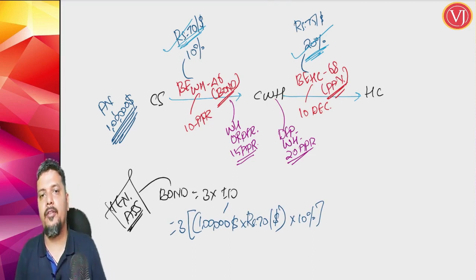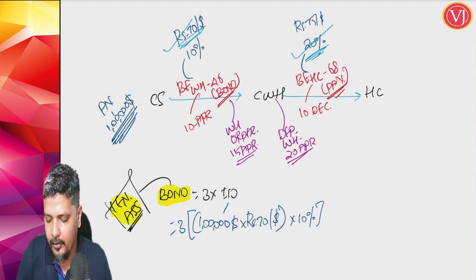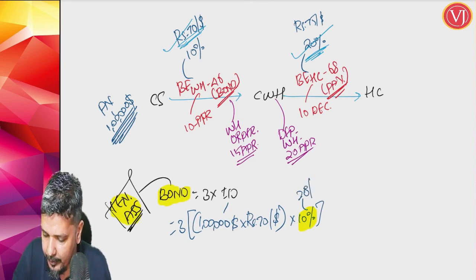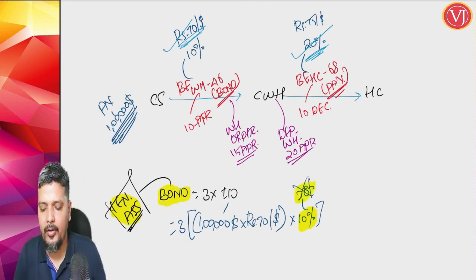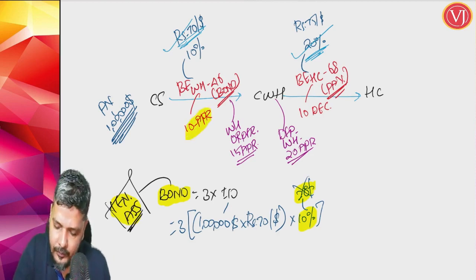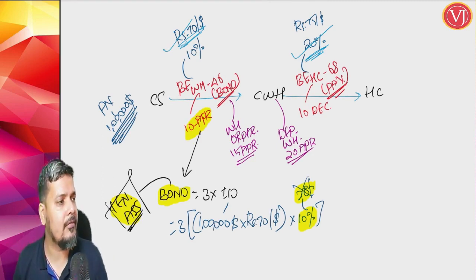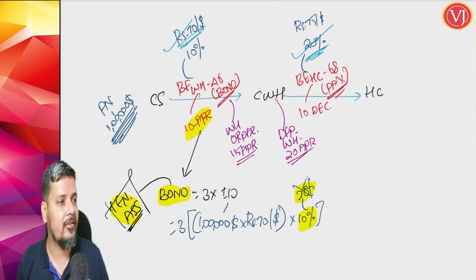The rate of duty you should have taken as 20%, but when you are executing the bond on 10th April, you don't know what the rate is going to be. You are not an astrologer to know the rate which is going to come later. So you will go with 10%.